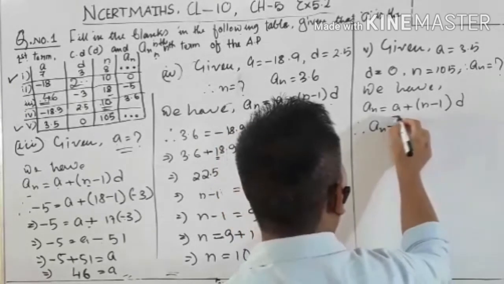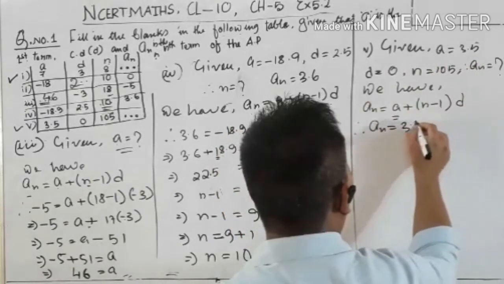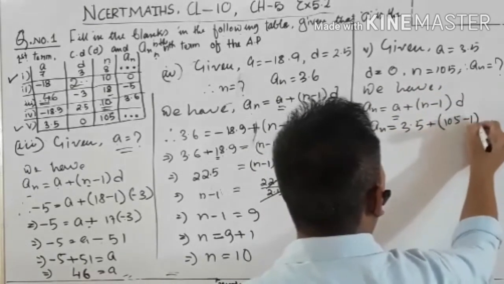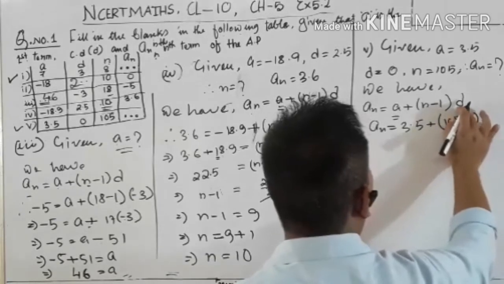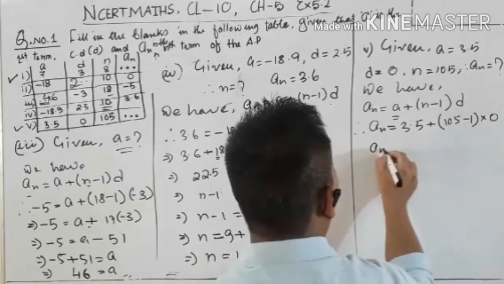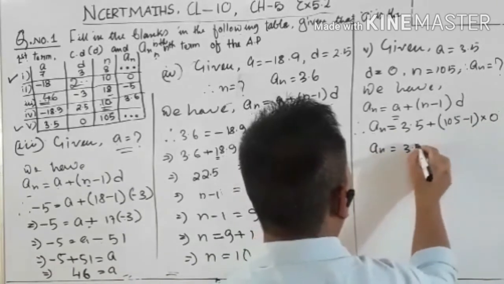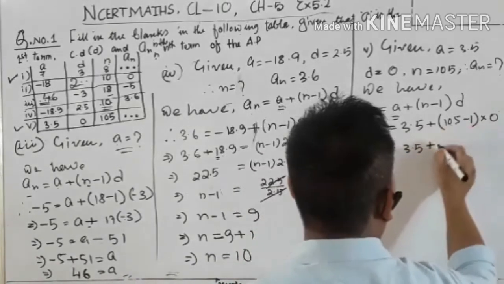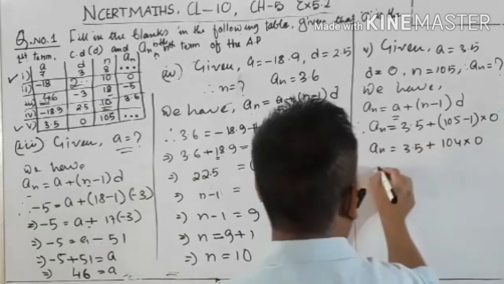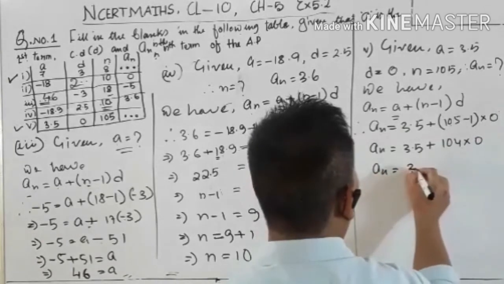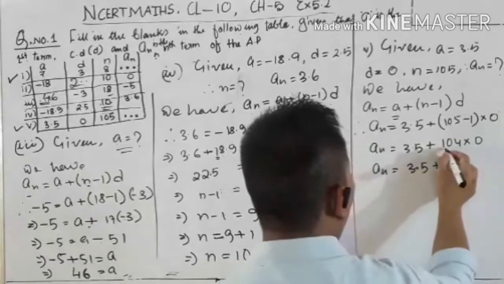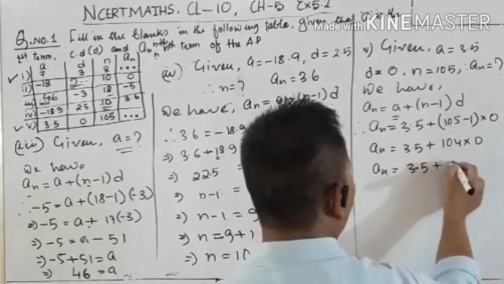What is the first term? The first term is 3.5 plus (n equals 105 minus 1) times d, which is 0, right? So a_n equals 3.5 plus 104 times 0. 104 times 0 is 0.